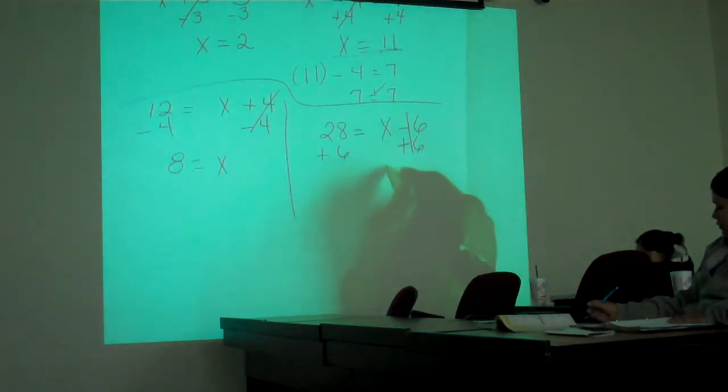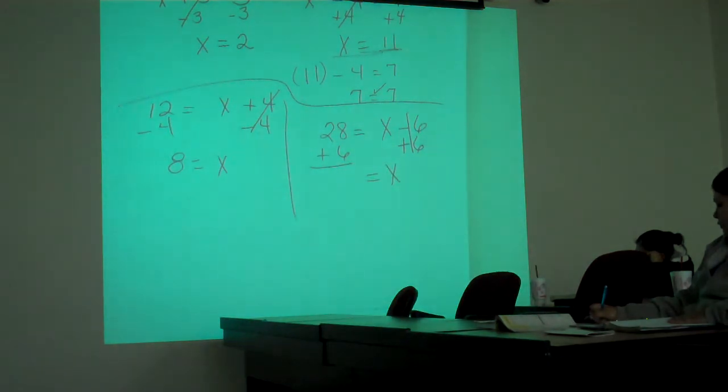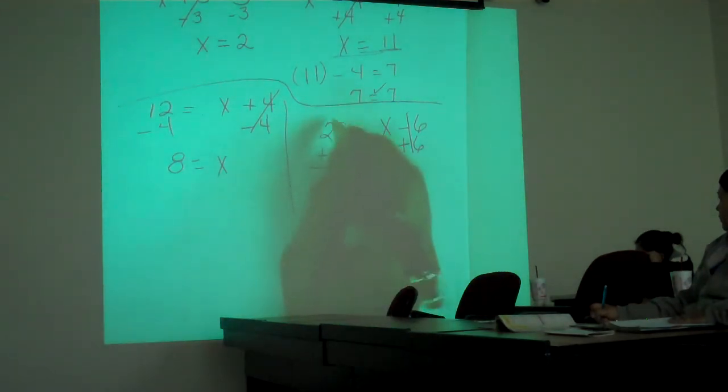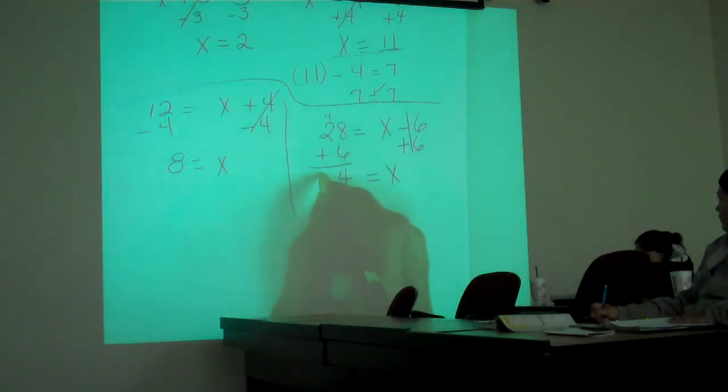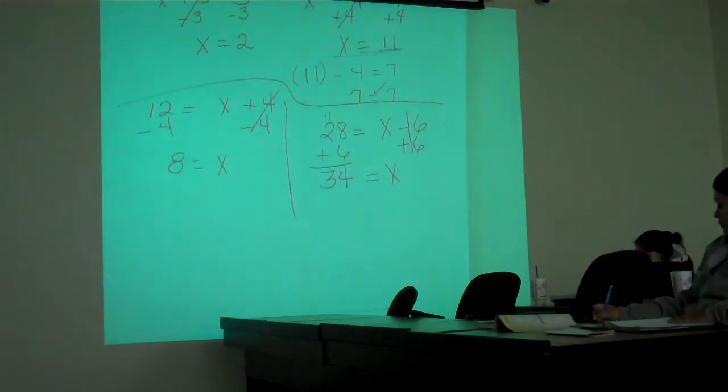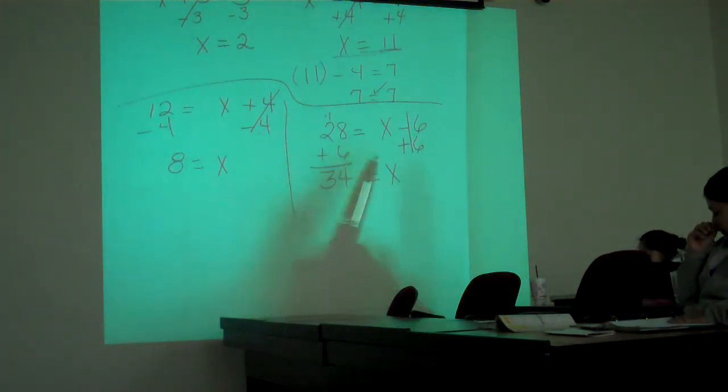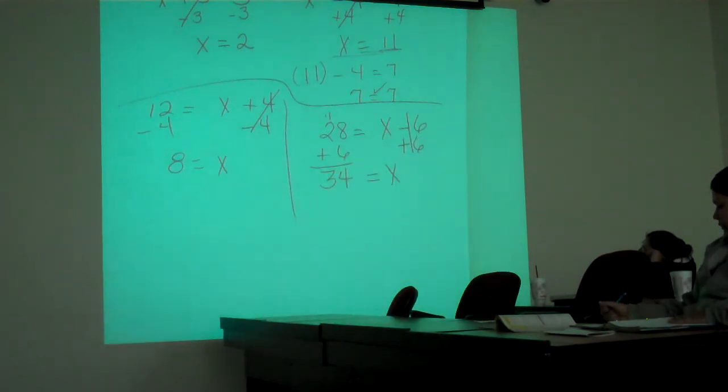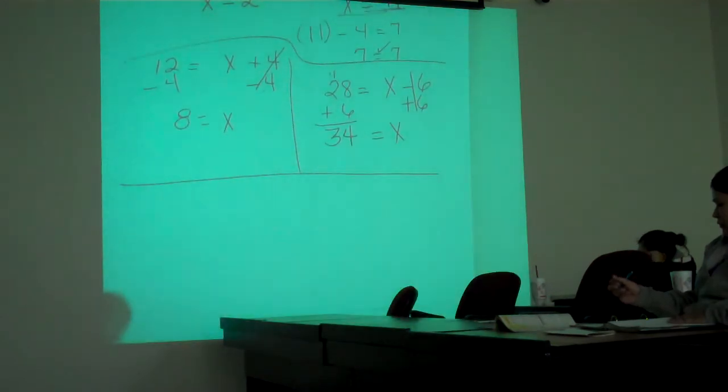Do the opposite operation. 28 plus 6. So it's 34, right? So 28 is equal to 34 minus 6. And it comes out. Okay, that's adding and subtracting.